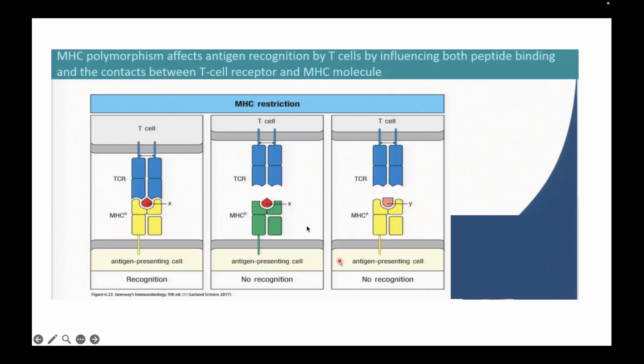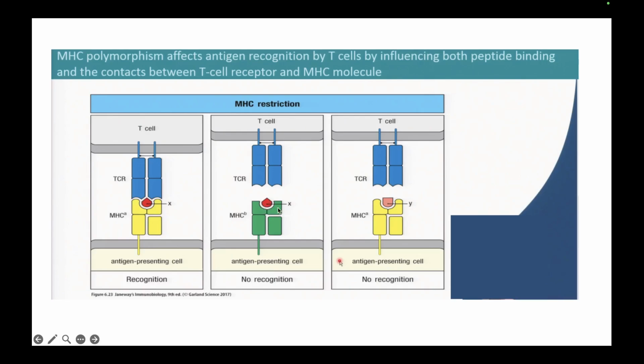Here, due to variability, this MHC variant is able to bind antigen X perfectly, but this particular MHC cannot bind with the T cell receptor presented here on the T cell, because of the structural variability coming from the polymorphism in this particular variety of MHC.